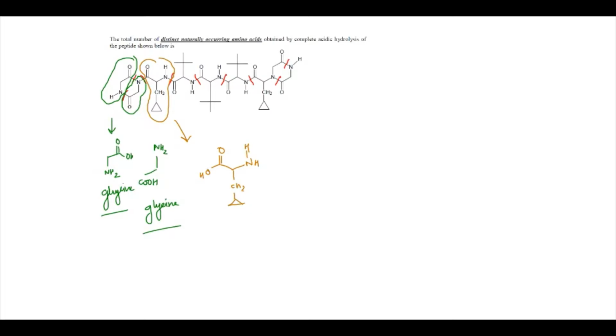So we can just leave this and let us take the next one. Again the same way, we will add an OH group to the carbonyl carbon and an H to the nitrogen. So like this, C double bond O and the OH here and NH2 here. This is also not a naturally occurring amino acid.